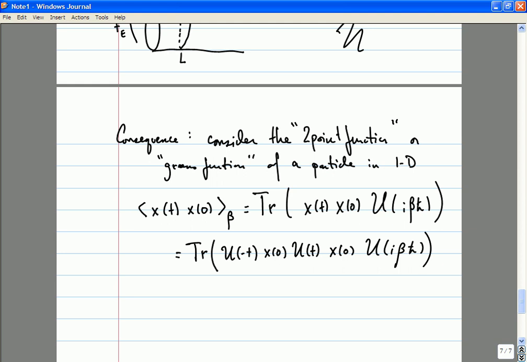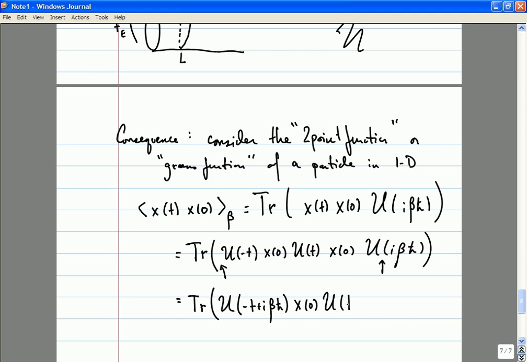So now let's use the cyclic property of the trace to move this u of I beta h over here, and use the fact that unitary time evolution operators add, u of t1 times u of t2 is u of t1 plus t2. So what is that? That's u of minus t plus I beta h times x of 0 times u of t.